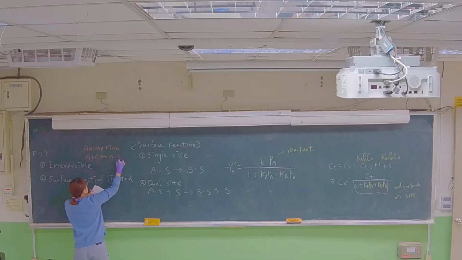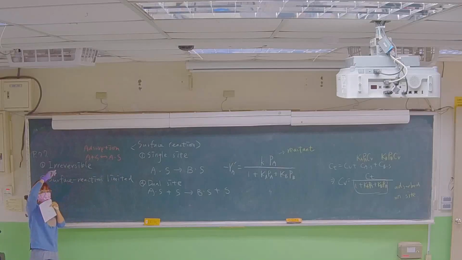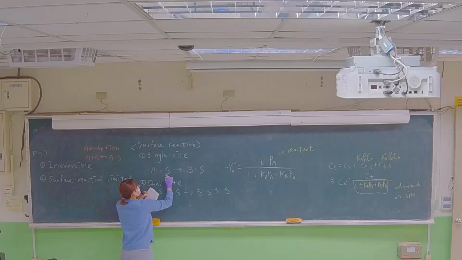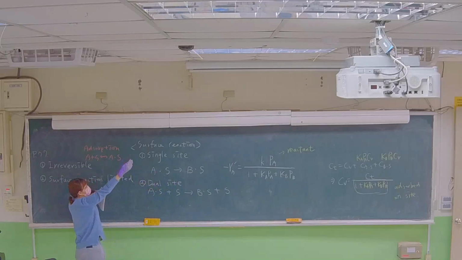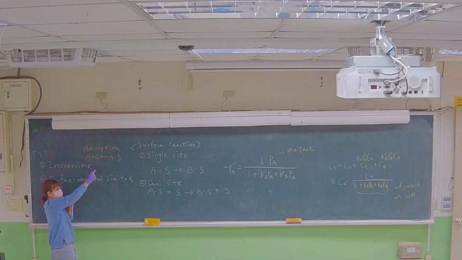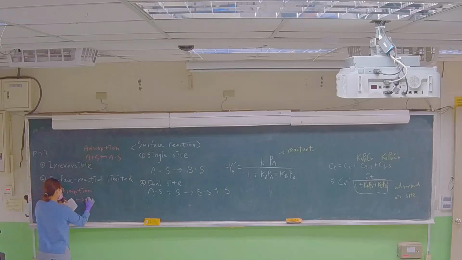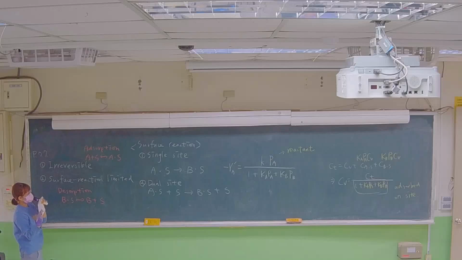Okay? I don't have to mention this. You have to know this. If the surface reaction is this one, the previous step of the adsorption should be this one. And for this one, the next step, for the adsorption, should be this one. Okay, I will not mention it again. So let's discuss the surface reaction only.